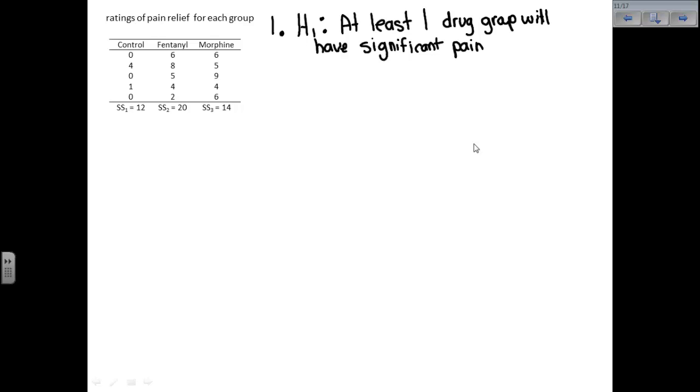Or pain relief. You could also just say at least one mu is significantly different. But it's always nice, in this case, to put your alternative hypothesis in terms of the actual study. Or you could say, at least one mu is significantly different.